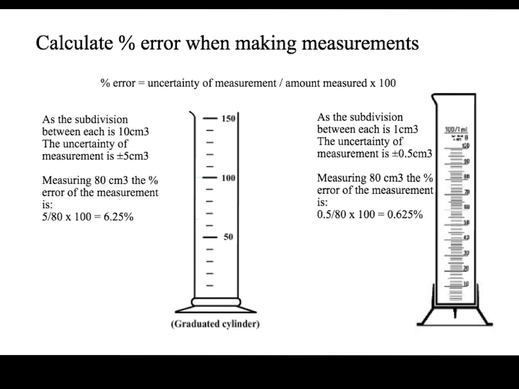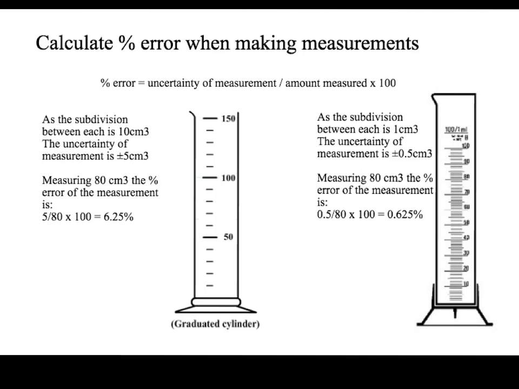You could be asked a question to calculate the percentage error or the uncertainty of a measurement. So for the uncertainty of a measurement, you have to look at the piece of equipment that was being used. It's quite likely that they would give you the uncertainty of a piece of equipment, then you just have to calculate this. But if you have to work out the uncertainty of a measurement first, in this example, each of these bars is 10 millilitres or 10 centimetres cubed.